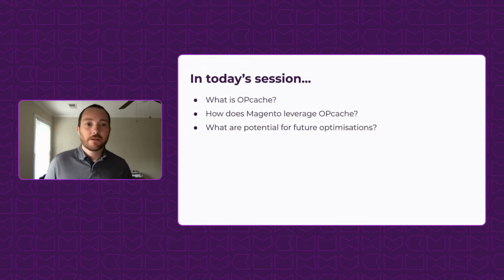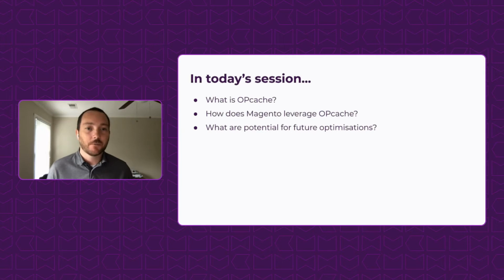So what we'll cover today is a very 50,000-foot overview of what op cache is. It's something that most of us see when we do PHP and we're checking our version, maybe seeing what Xdebug is on locally, and then there's usually a line that says op cache with some version information.